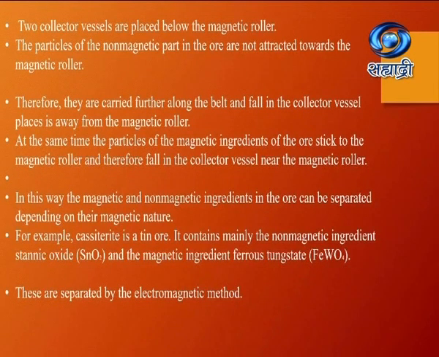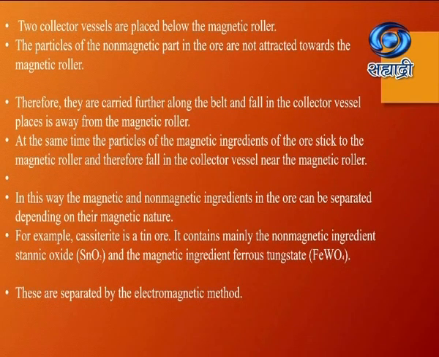The two collector vessels are placed below the magnetic roller. The particles of the non-magnetic part in the ore are not attracted towards the magnetic roller. Therefore, they are carried further along the belt and fall in the collector vessel placed away from the magnetic roller.